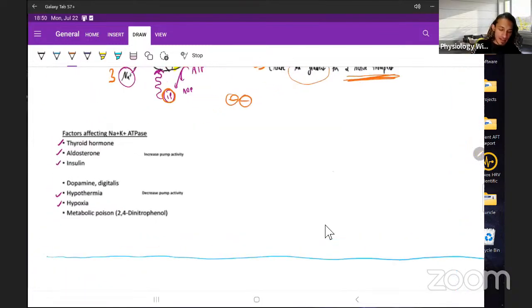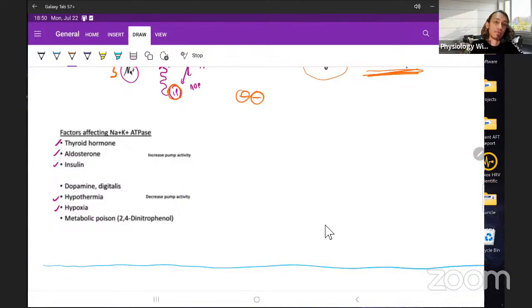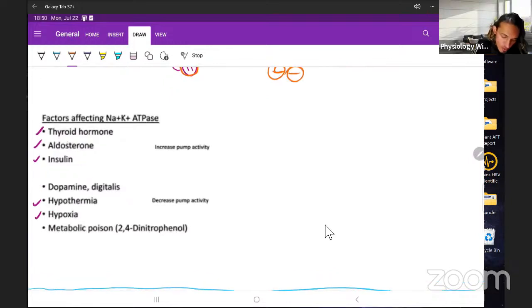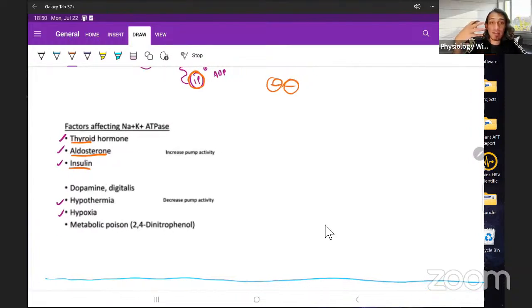Okay. And then next is factors affecting sodium potassium ATPase. So as I was talking about BMR again, how does thyroid hormone increase your BMR? By activating your sodium potassium ATPase. Okay. So thyroid hormone, aldosterone, insulin. These are examples of increase in the sodium potassium ATPase.